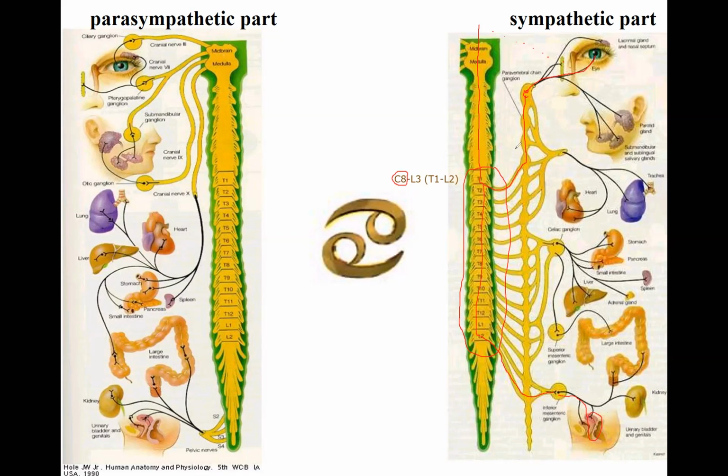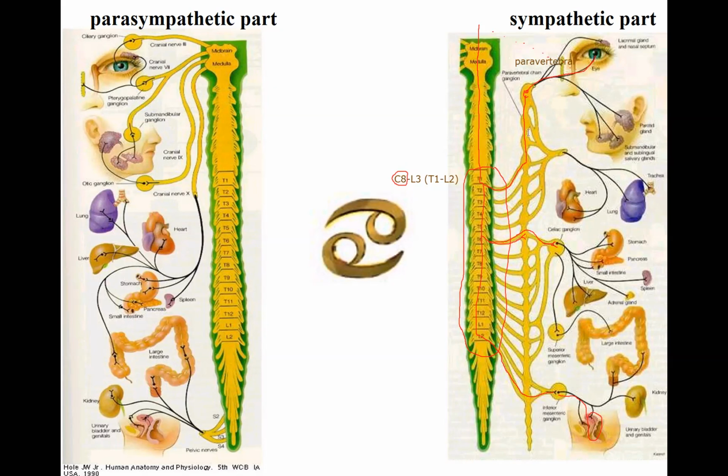So that's the first information. The second information is that they can be synapsed either here in these ganglia, or they can pass and be synapsed here. So there are two kinds of ganglia. These ones are called paravertebral, as we find them next to the vertebral column.